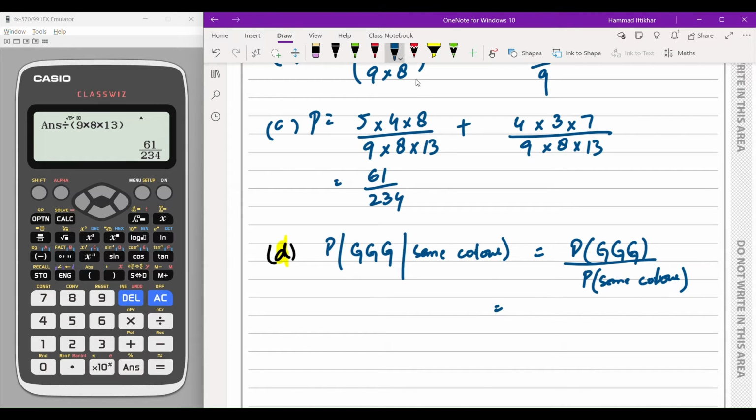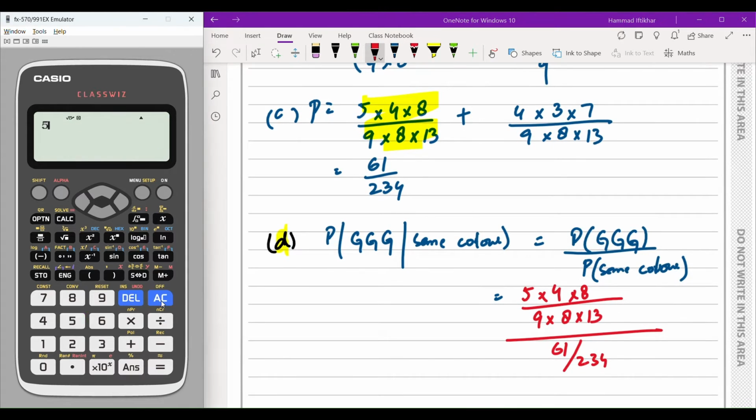So G, G, G is basically this. So 5, 4, 8, 9, 8, 13 divided by 61 over 234.